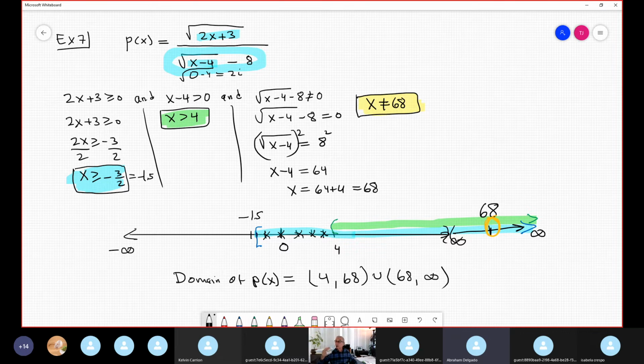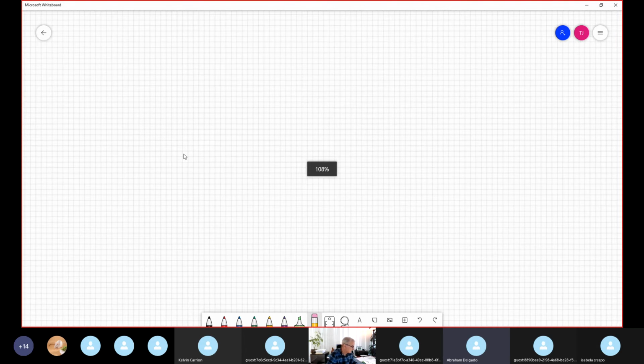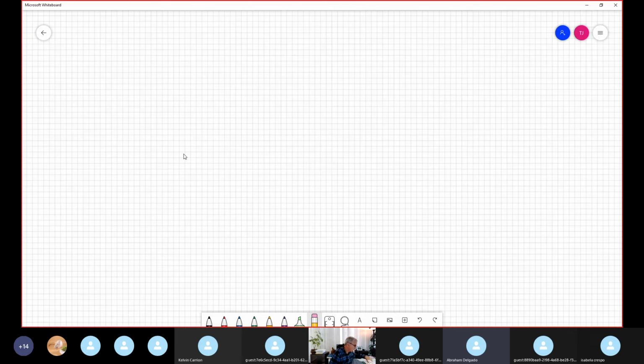Okay, so now I want to present, in the rest of the time that we have, a new idea, que es piecewise functions. Piecewise. So not always in real life, when we need to model something, can we represent the function with only one equation.